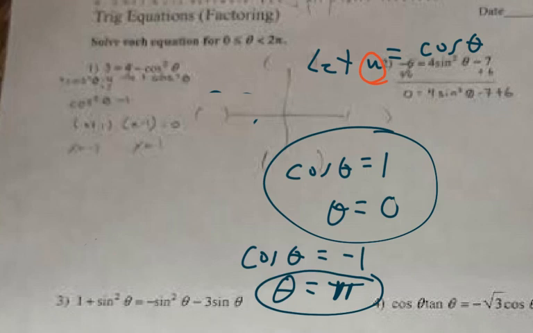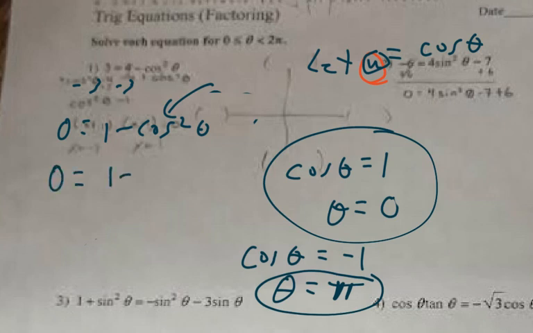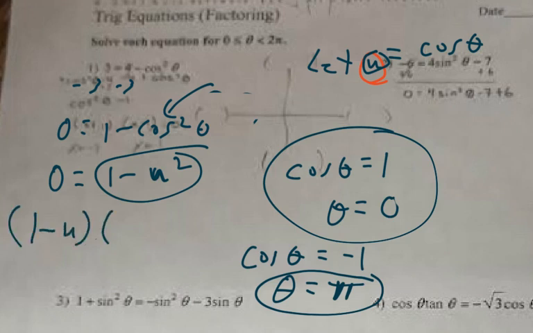But when I minus 3 both sides, I'm actually going to get 0 equal to 1 minus cosine squared theta. We're going to let u substitute that in. So 0 equals 1 minus u squared. Now to factor this, it's going to be 1 minus u times 1 plus u equal to 0.